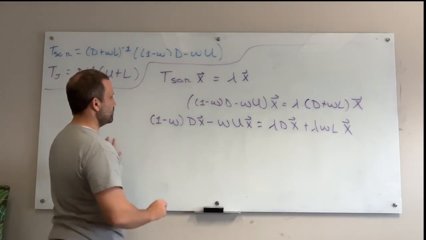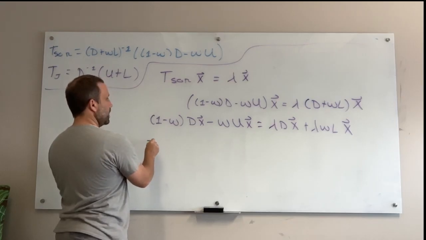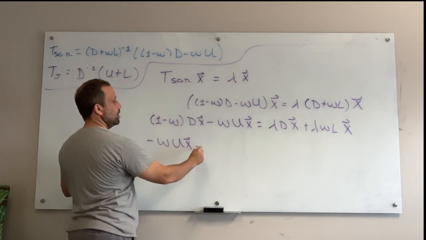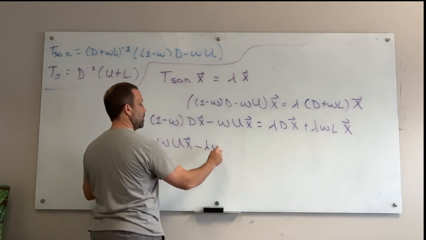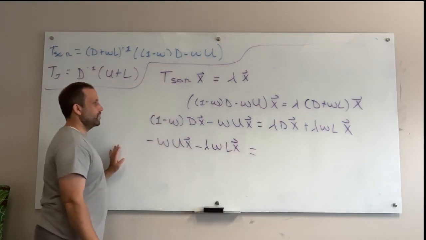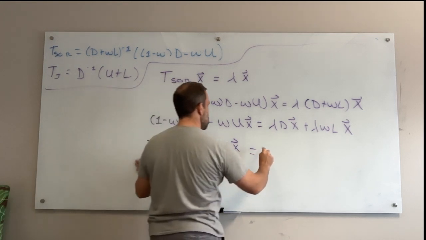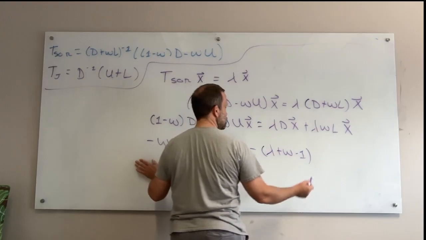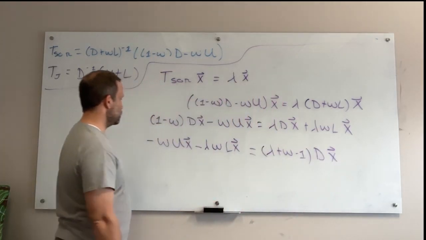And so what we're going to have on the left side is minus omega Ux minus, we're going to move this over, lambda omega Lx. And then on the right-hand side, we have lambda plus omega minus 1 times Dx. Okay.